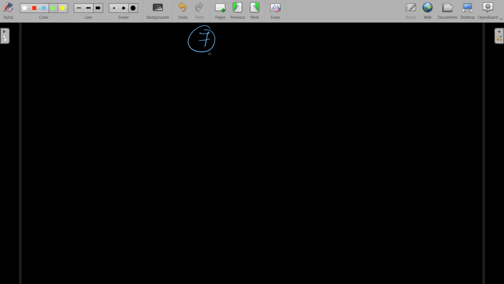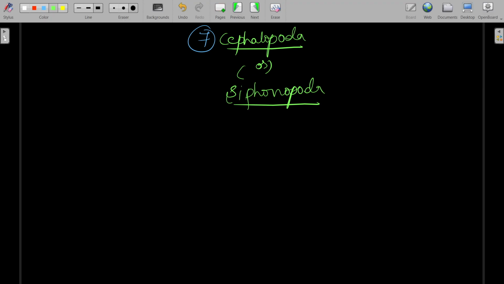Now the last class is Cephalopoda. Cephalo is nothing but head. It is also called Siphonopoda; a siphon is a tube-like structure.